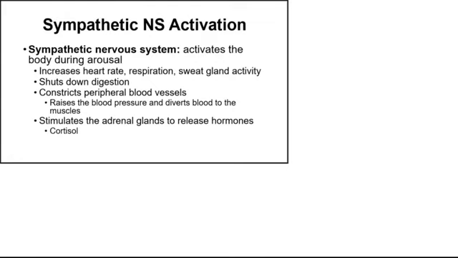So if we go back to our knowledge of our sympathetic nervous system, we know that our sympathetic and parasympathetic nervous system work in conjunction, one turning things on and one turning things off, more or less. But our sympathetic nervous system is the one that's responsible for activating our body during arousal.